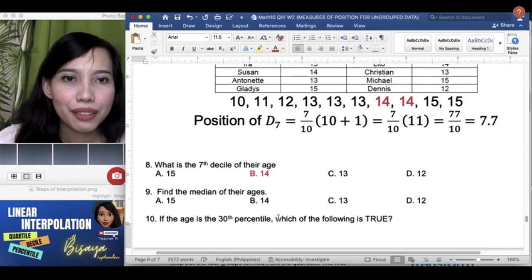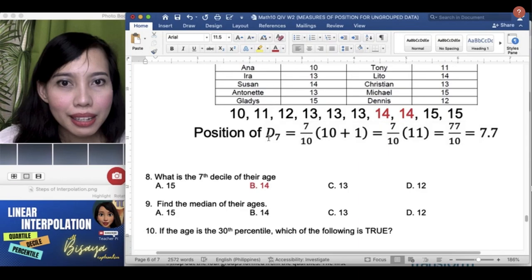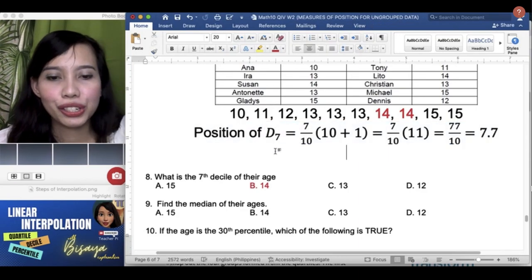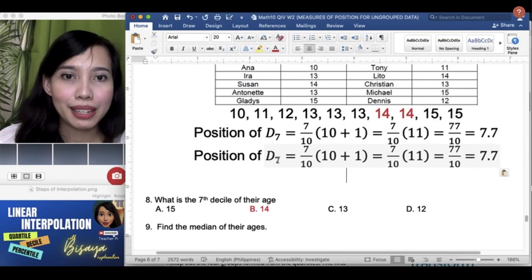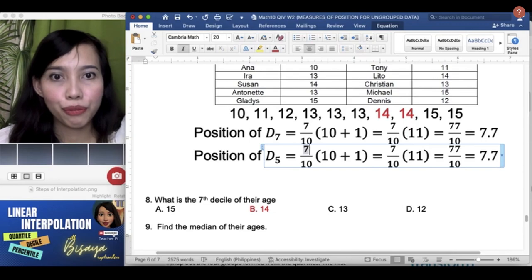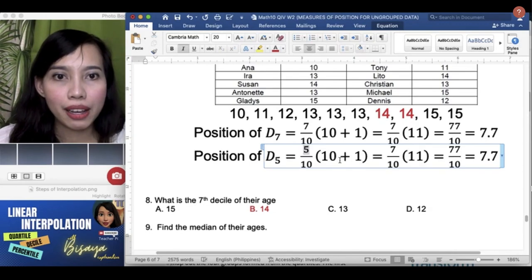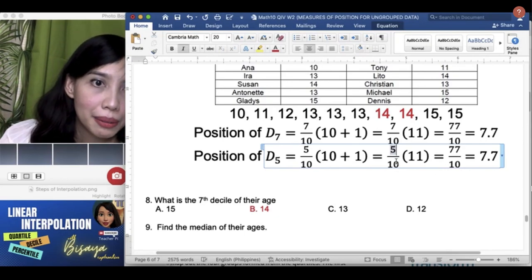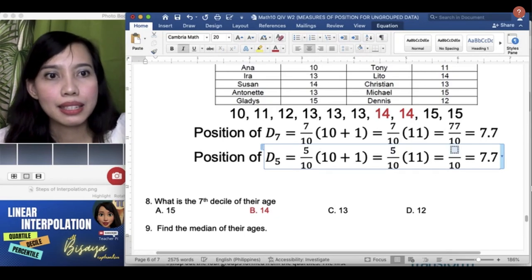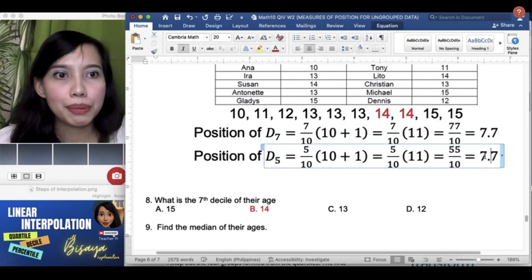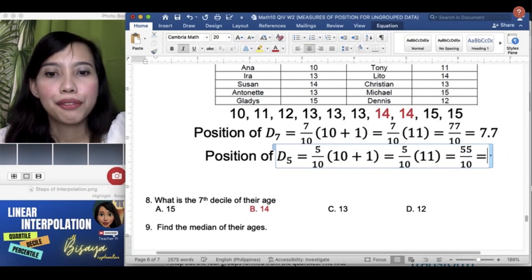Find the median of their ages. So for the median, you know we can change it. Median, it's D sub 5. So change this to 5, 5, and then 5. This is 55, and that should be 5.5.